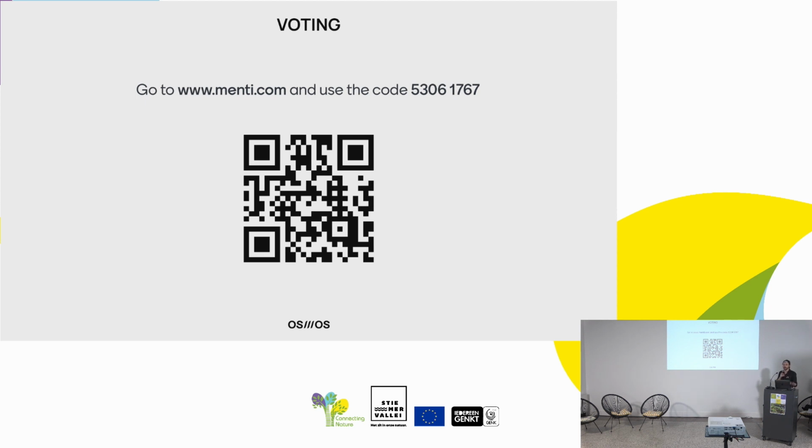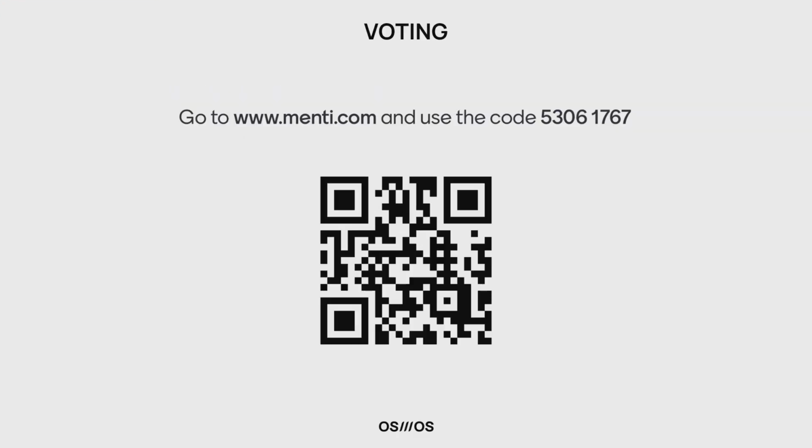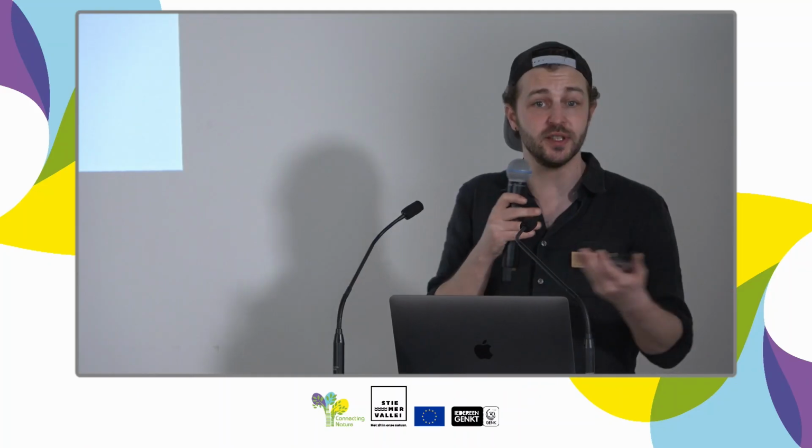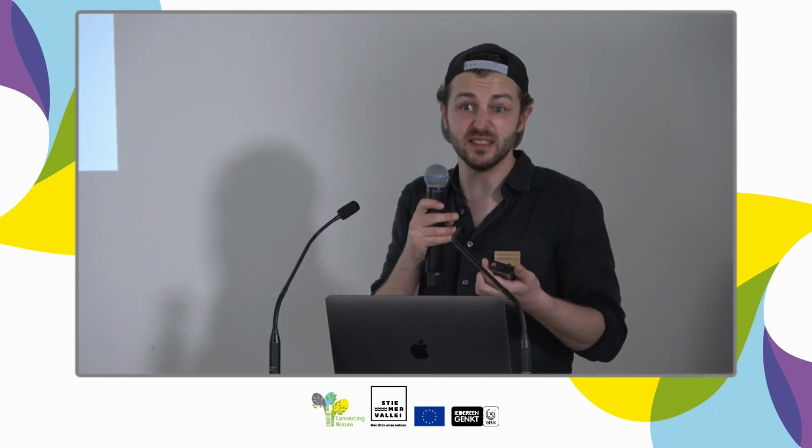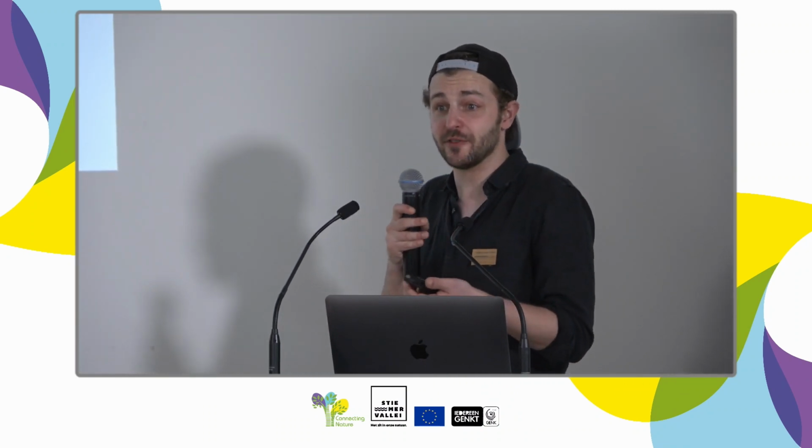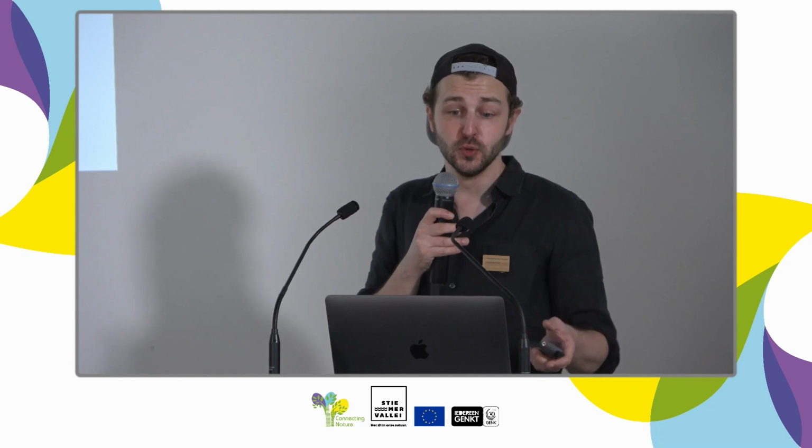The handy thing about using something like Mentimeter is that it gives anonymity. So people are not afraid to vote for something that a very powerful person near them might really like. So that's a very powerful tool.